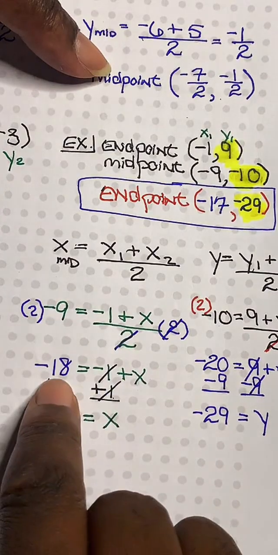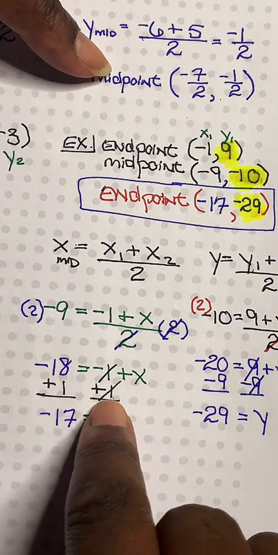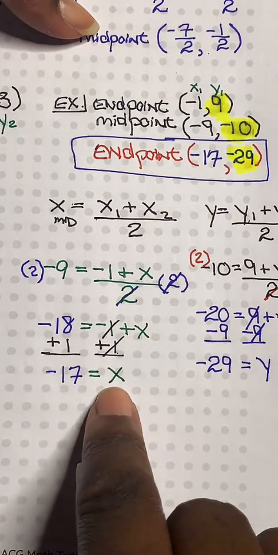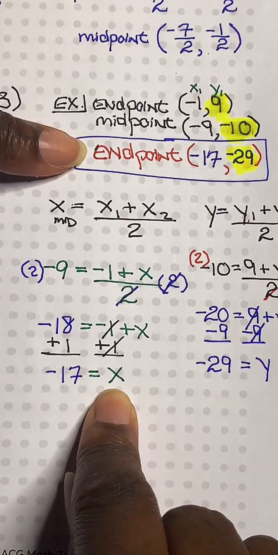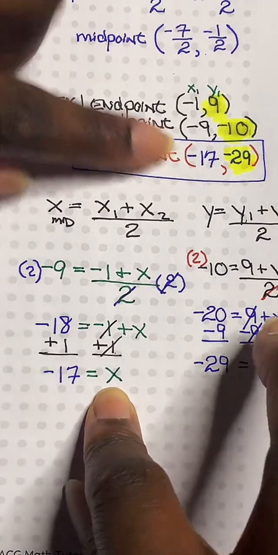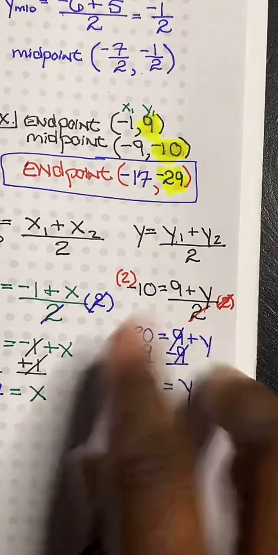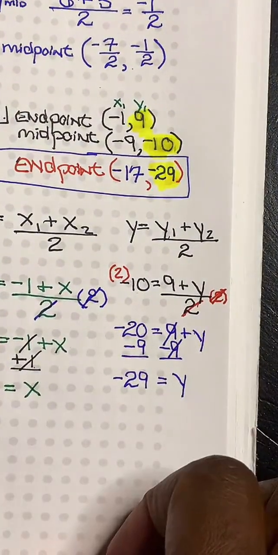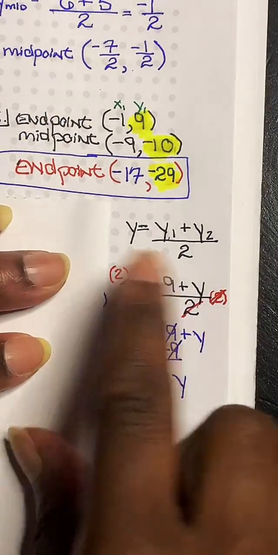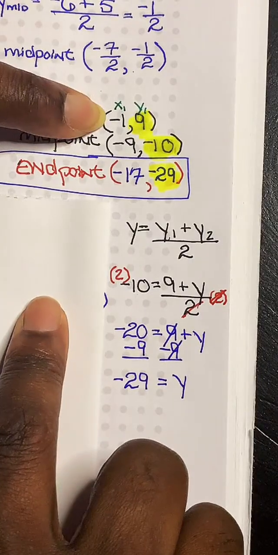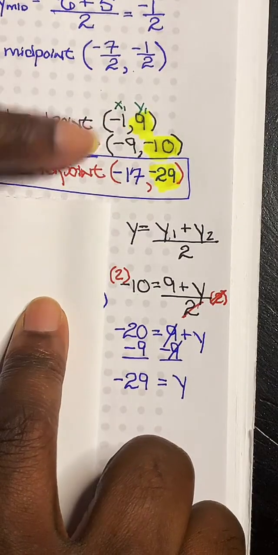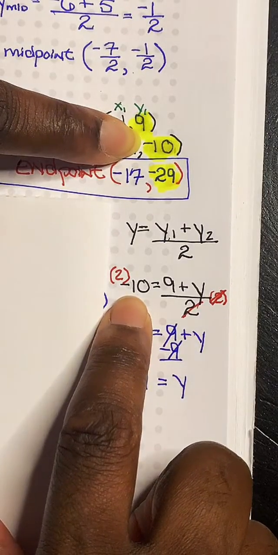2 times -9 gives you -18. Then we add 1 on both sides. So we got a -17 for the x for the endpoint. That's where this -17 came from. Then we did the same thing, but for the y's. Let me cover this up so you can focus. We're taking the y of the endpoint and the y of the midpoint. The y of the midpoint comes out here.